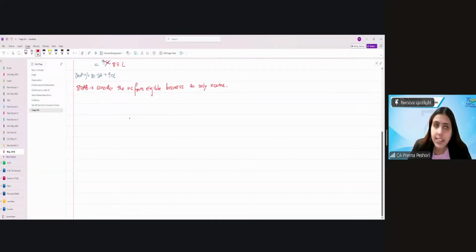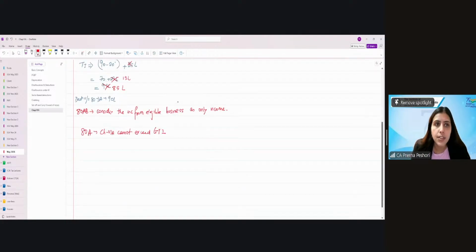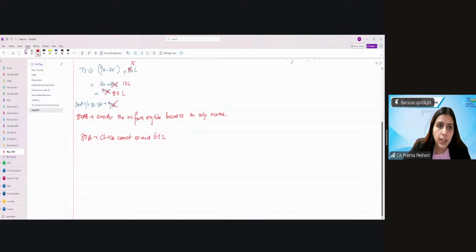So 80A says the Chapter 6A deduction cannot exceed my GTI in any case. So in this particular case, it shall be restricted to 85 lakh. Is this clear? Yes, ma'am. Fine. So you have to read all the provisions in consonance.